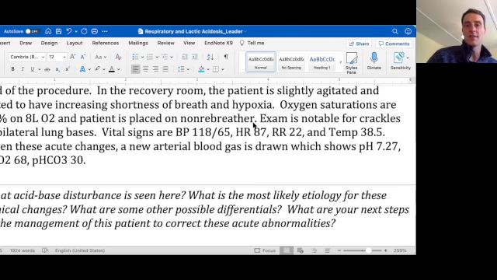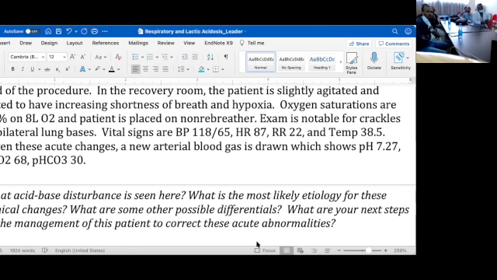Thinking about causes of a presentation like this, could someone there give me a couple of potential diagnoses that would cause this? Maybe the patient has pulmonary edema, with bilateral crackles and effacement or consolidation, plus hypoxia with shortness of breath.